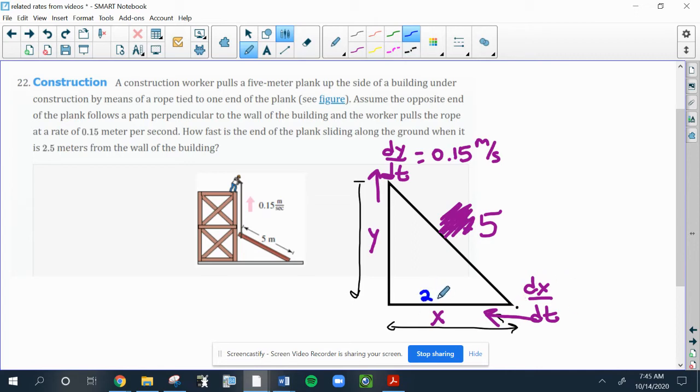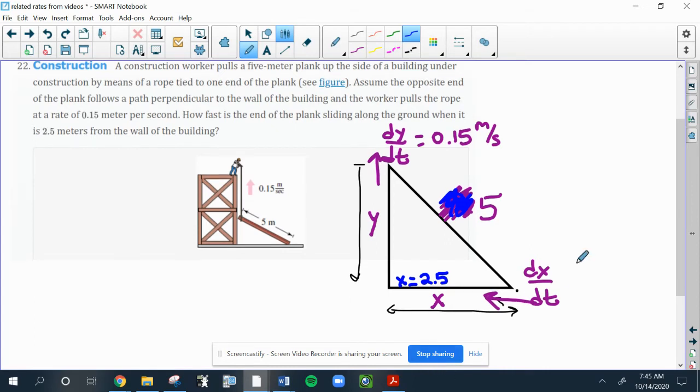Now 2.5 is not a constant, it's changing. It's getting smaller, you can see that. So we're just going to say x equals 2.5 here. But we're not going to do what we did over here and just ignore the variable because it is changing. So we're going to set up the equation, which would be x squared plus y squared equals 5 squared.